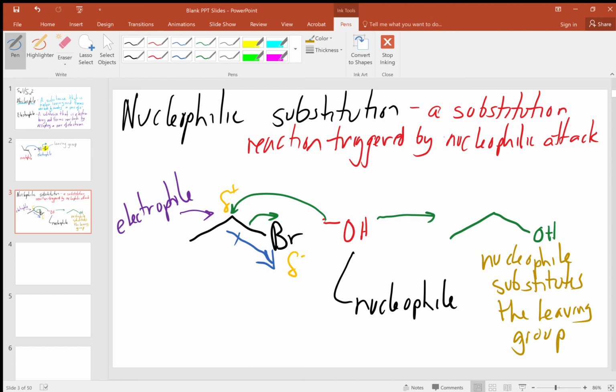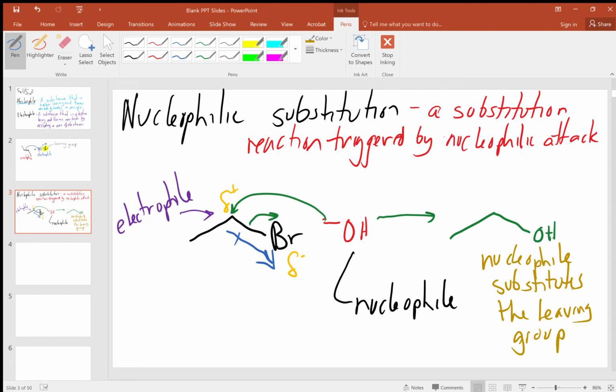Now, some of you might be wondering what happened to the bromine, because I didn't draw that in the product. And the simple answer from an organic chemist's point of view is it's not an organic product, so we don't really care. Now, does that mean our equation that we've drawn is not balanced?